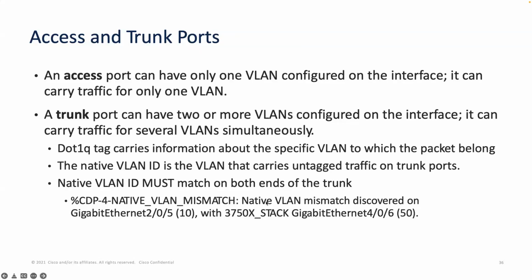The native VLAN configured on both ends of the trunk port should be the same. Cisco switches use CDP, Cisco Discovery Protocol, to detect the native VLAN ID configured by the other end switch, and it will generate an alert for any mismatch detected. As you can see here, this is a sample of the error message detected by CDP.